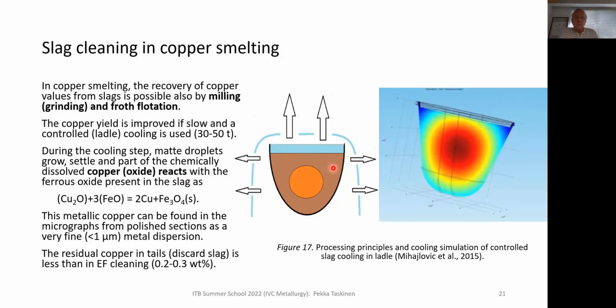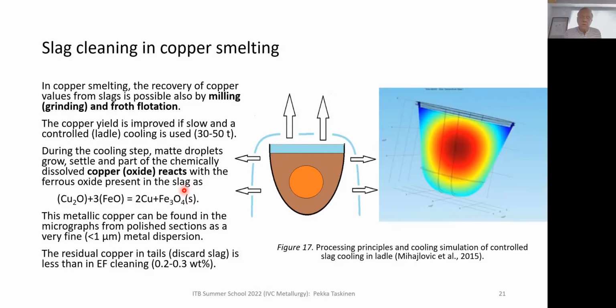slag is gradually solidified, and there takes place a reaction between chemically dissolved copper oxide and ferrous oxide in the slag, which generates magnetite dispersion. You can see that magnetite dispersion in micrographs taken from polished sections of copper slags.